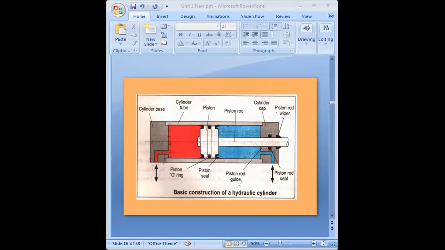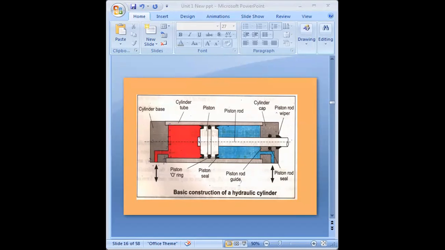I am referring to this same book, and more than 100 copies are available in our library, so you can take the hard copy from our central library. Very nice book.